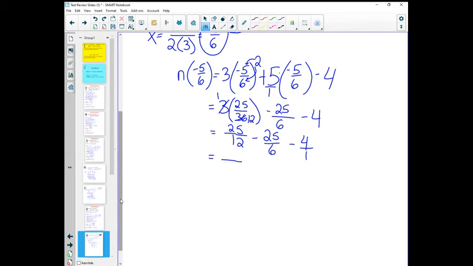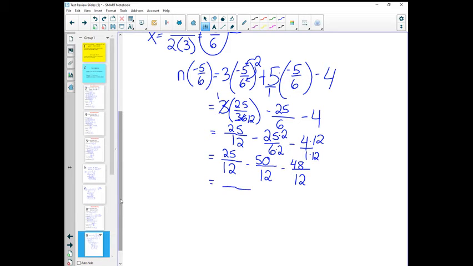And that common denominator is going to be 12. The first fraction has a denominator of 12, so we can leave it. The second fraction, I'm multiplying the bottom by 2 to change that to a 12, so I'm going to multiply the top by 2. The third fraction, I'm multiplying the bottom by 12 to change it to a 12, so I multiply the top by 12.